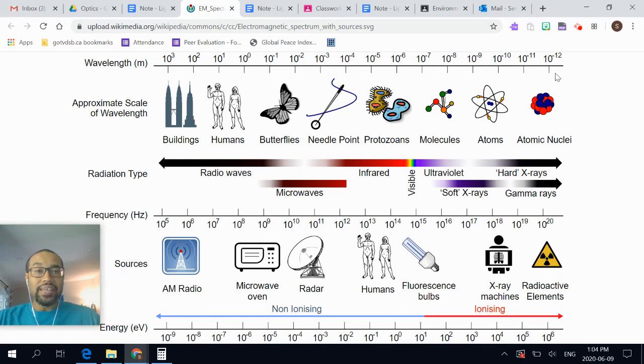So this is increasing in wavelength as we go from right to left, and since it's inversely proportional, the frequency is increasing as we go left to right. So if you have a very small wavelength, like 10 to the negative 12, like gamma rays, then you have a very high frequency. That is the relationship that we have there.